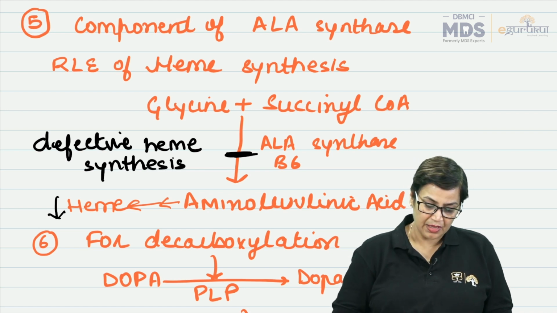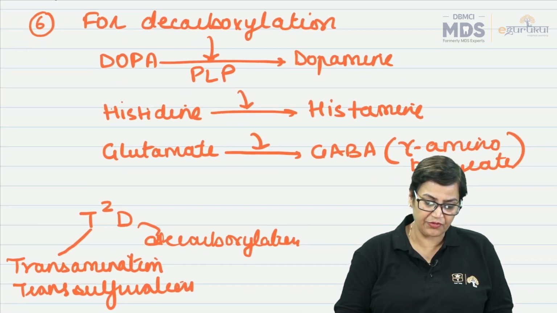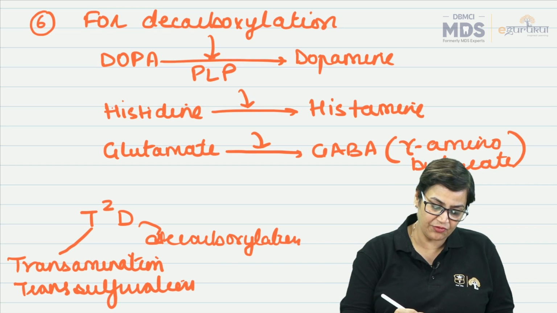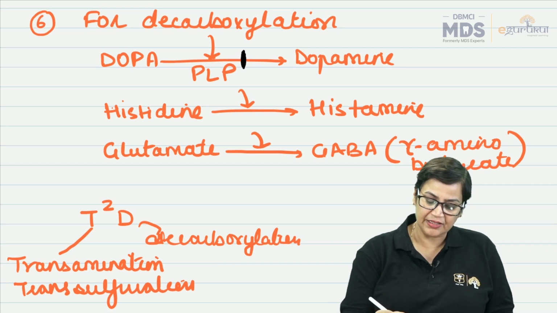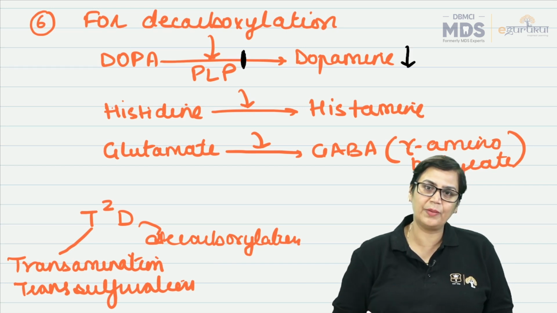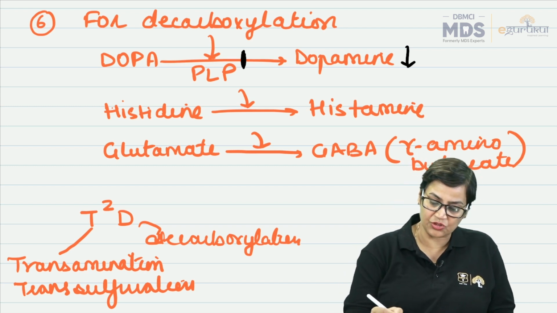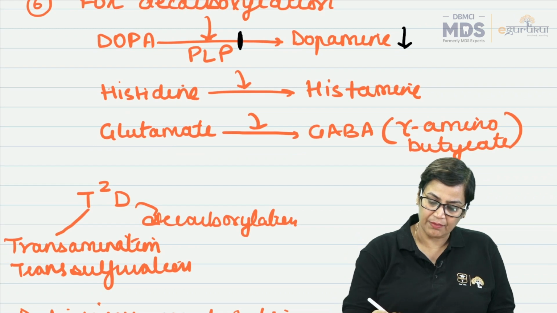Right? Then if we talk about decarboxylation, if PLP is absent, there will be decreased synthesis of dopamine, and decreased synthesis of dopamine leads to Parkinson's.